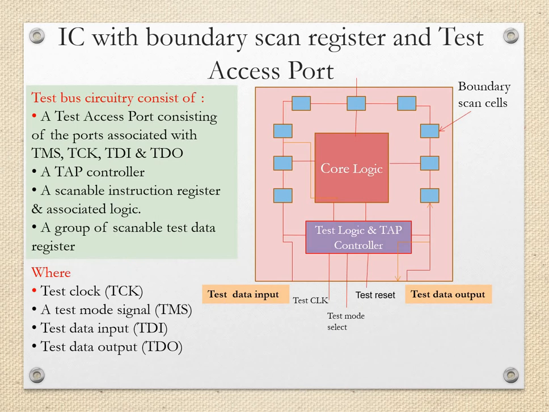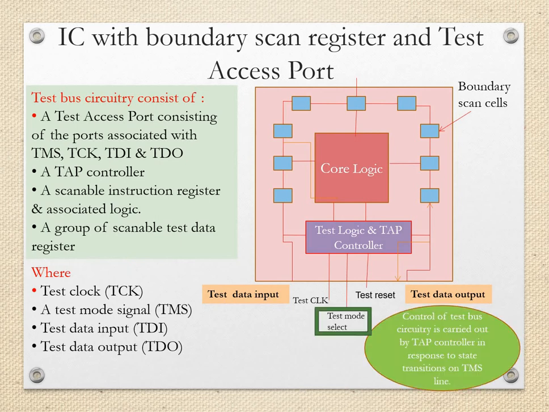To this TAP controller, we require some control signals such as test clock, test reset, and test mode select. Once you select the test mode select input of the TAP controller, the control of the test bus circuitry is carried out by the TAP controller in response to state transitions on the TMS line.